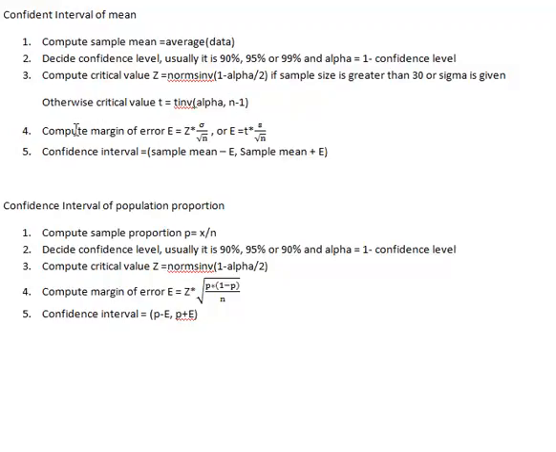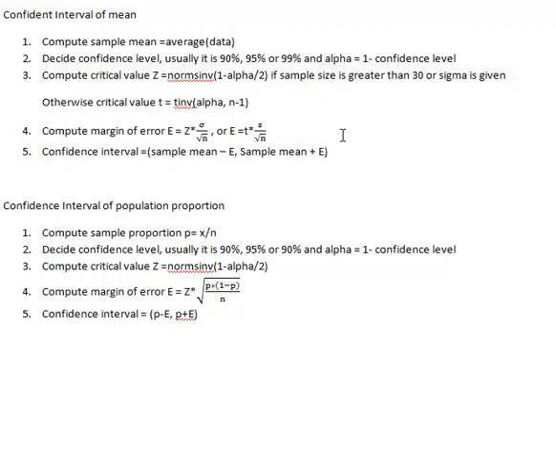In the next step, we want to compute the margin of error, E. So E is Z times sigma over square root n, or E equals T times S divided by square root n. If we use the T distribution, because we don't know the population standard deviation, we use the sample standard deviation instead.